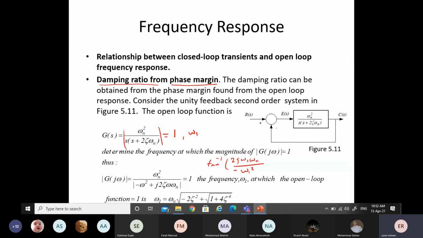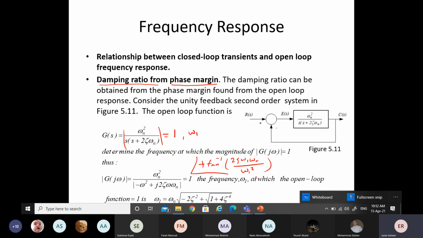Notice this is negative. So this is going to be the negative tan inverse, and since it is in the denominator, it becomes positive when I bring it up to the numerator. So the angle for this term is tan inverse of 2 zeta omega 1 omega n over omega 1 squared. Remember that, and this is omega 1 squared.